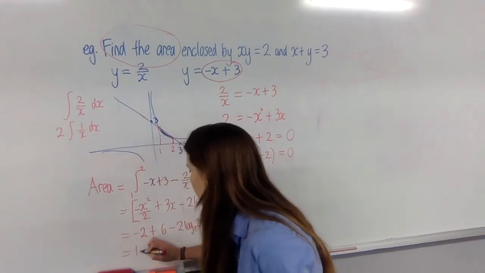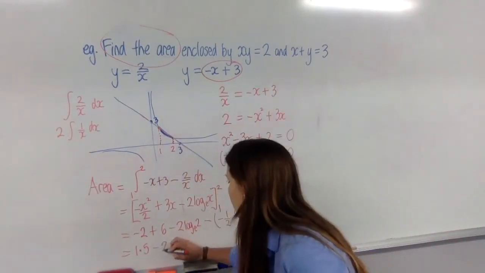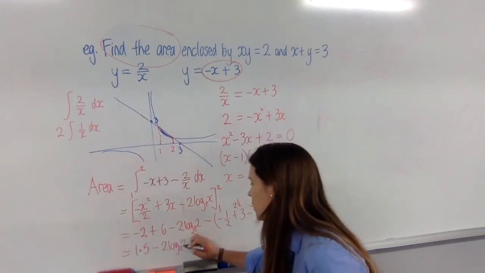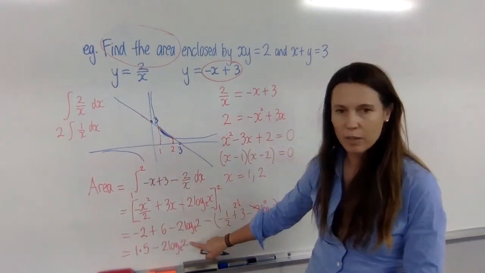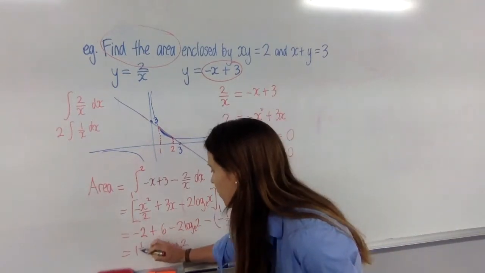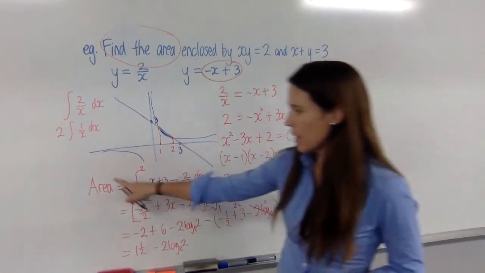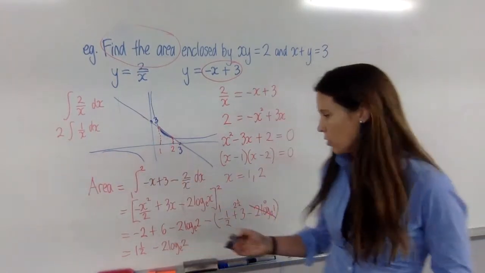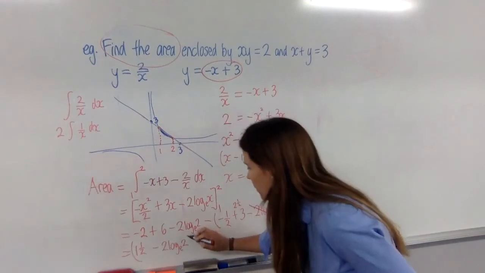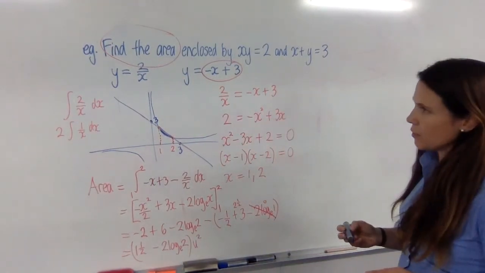So I've got 1.5, write it however you like, minus this. And that's nice and simple. There's no need to play around with that. That's done. You can put 1.5 or 1 and a half or 3 over 2. They're all the same thing. Now we're dealing with area, so are we finished? Not quite. This is how many units square we have, and you can just write u squared for units squared.